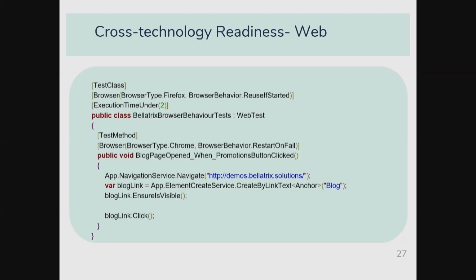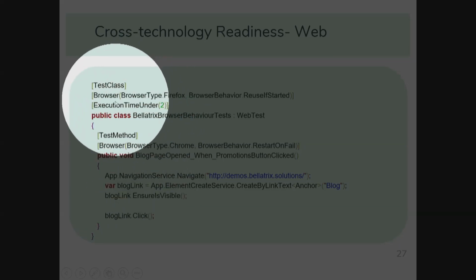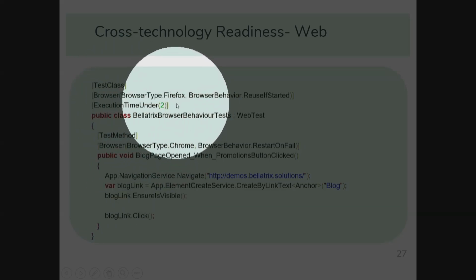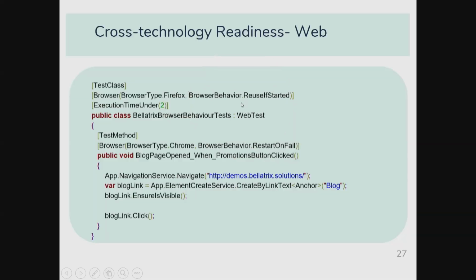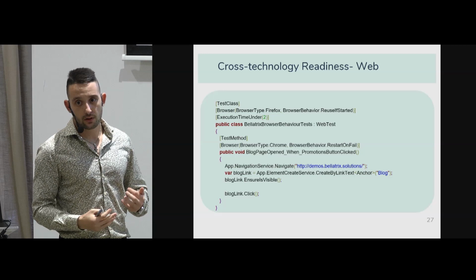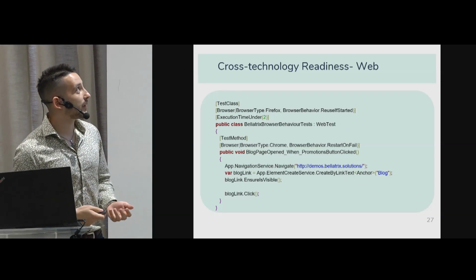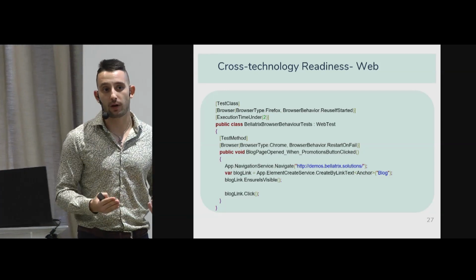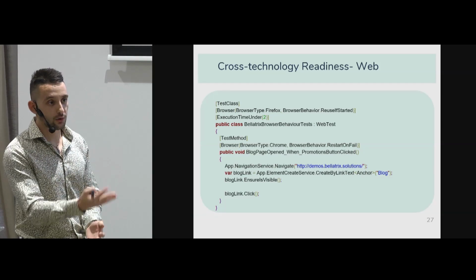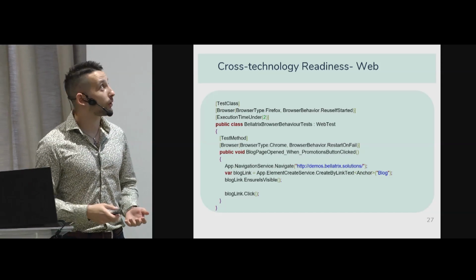See here the example. This is code from Bellatrix. Here we use the browser attribute, mentioning the browser name and the browser behavior. Meaning that when you point here Firefox, for each test the Firefox browser will be created, and the browser behavior controls the life cycle of the browser, meaning that you can reuse the browser or restart it every time, which can save a lot of time.